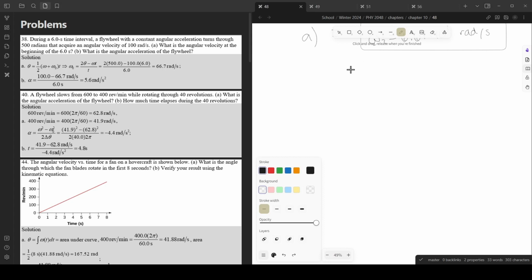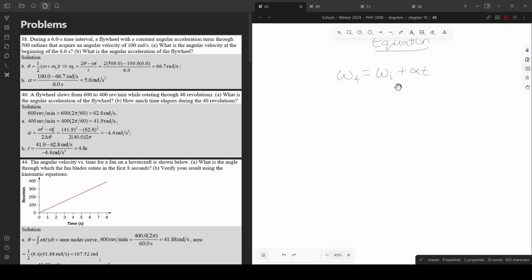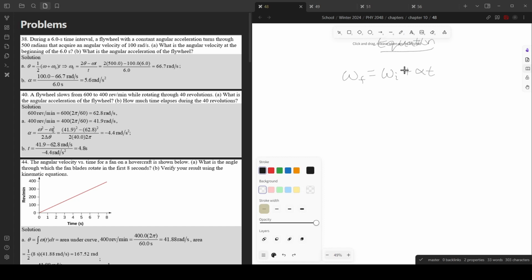Alright, so we have our equation now. Let's write it down, just so we don't forget. It was omega final equals omega initial plus angular acceleration times time. So let's go ahead and isolate alpha just for good practice. It's probably a good idea to isolate the variable you're looking for first before plugging in.